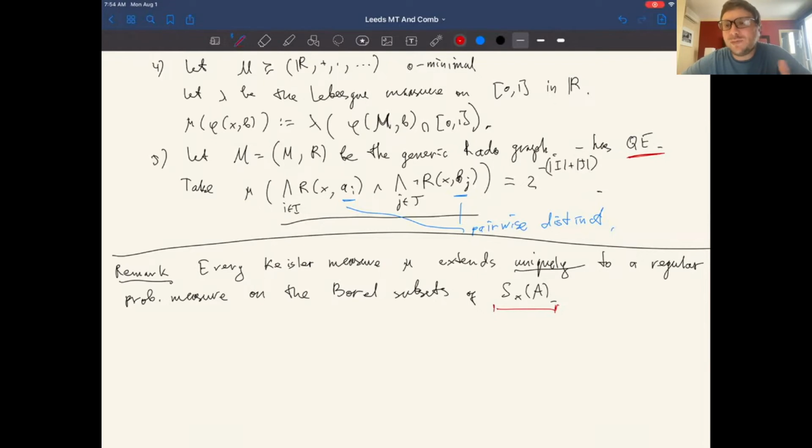So a Keisler measure automatically can be viewed as a measure on the Boolean algebra of clopen subsets of the space of types. And then by Carathéodory's theorem, a basic result in measure theory, you can extend it to a countably additive measure on the sigma algebra generated by the clopen sets, which is precisely the Borel subsets here.